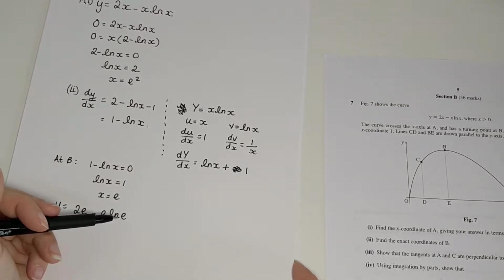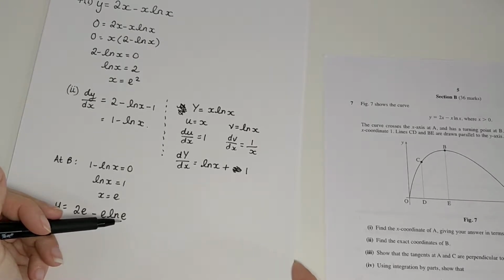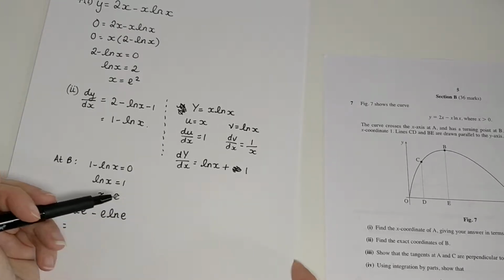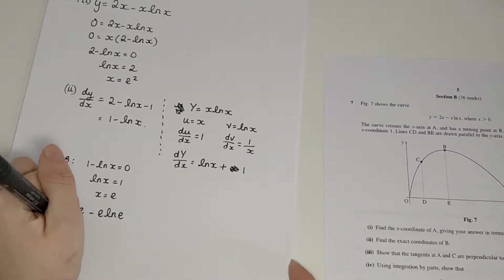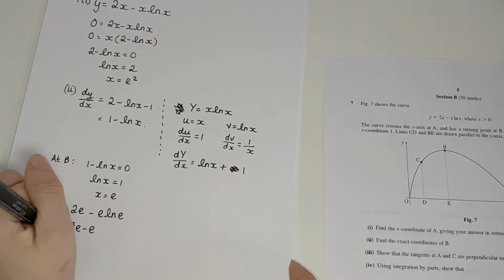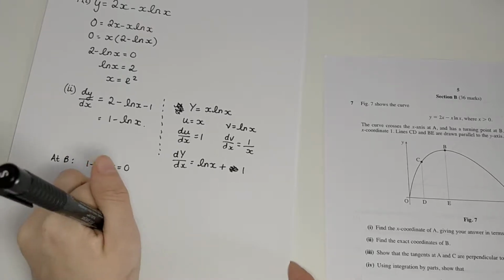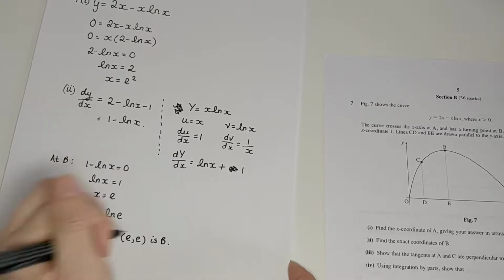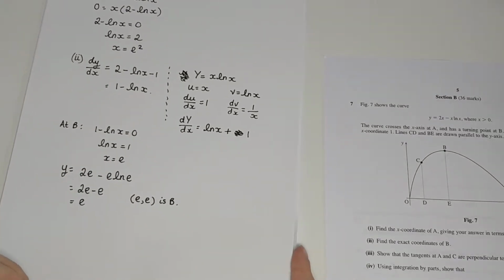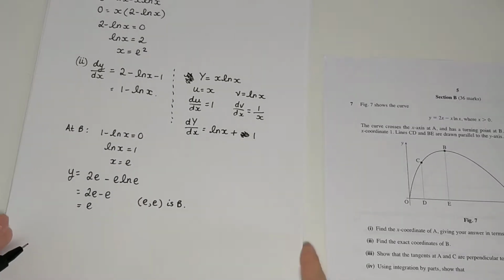Log of e is 1, e to the power of something equals e. Yeah, it's 1. So that's 2e minus e, which is e. So that's (e, e). Interesting.